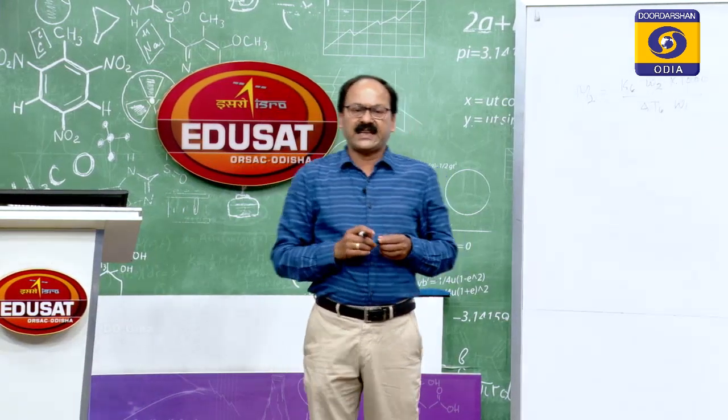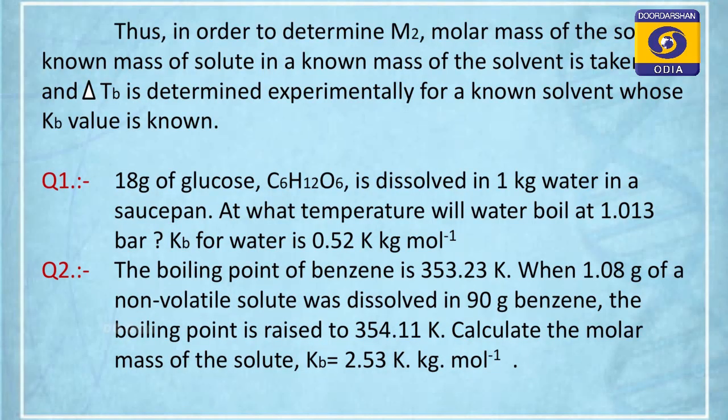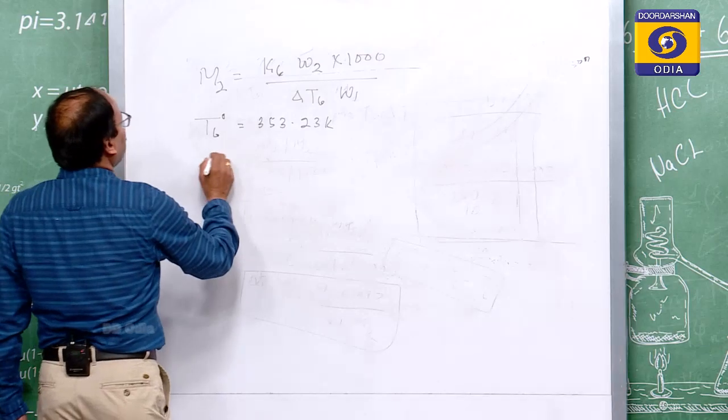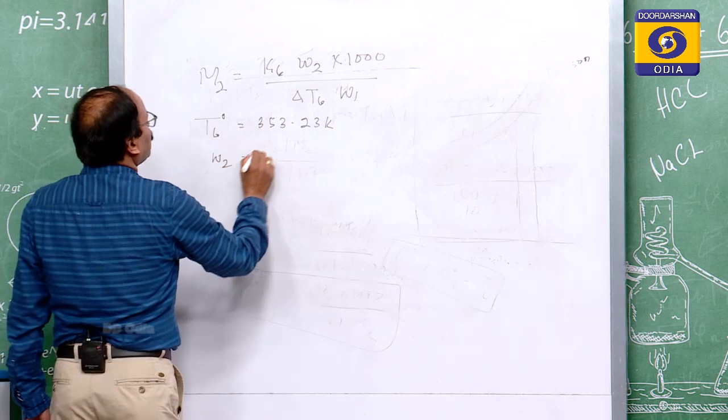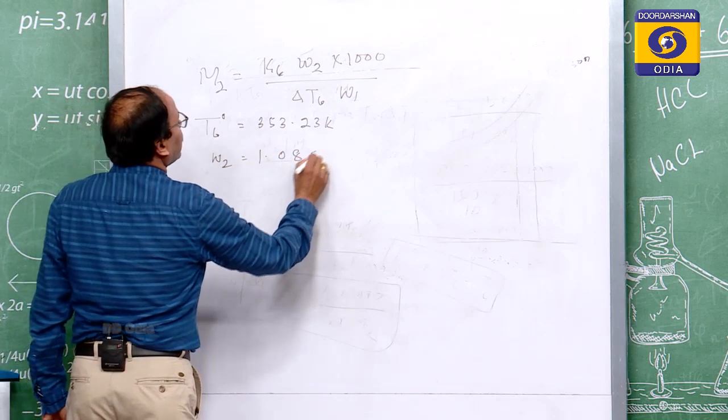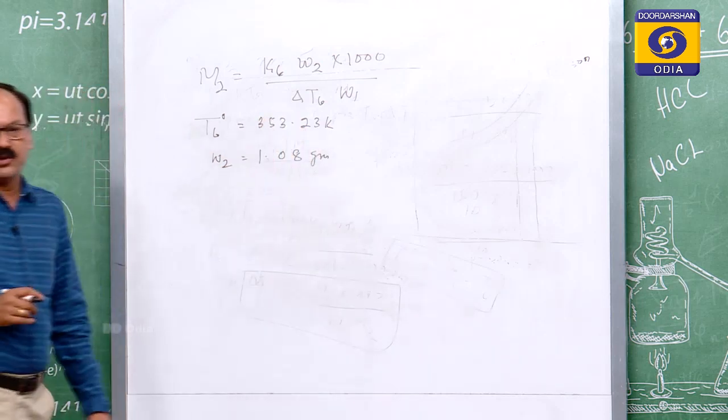The second numerical: the boiling point of benzene is 353.23 Kelvin, this is given. The mass of the solute taken is 1.08 gram, W2 is given.